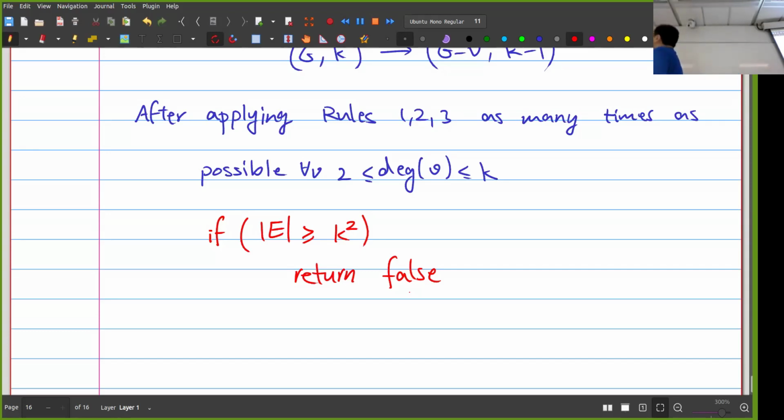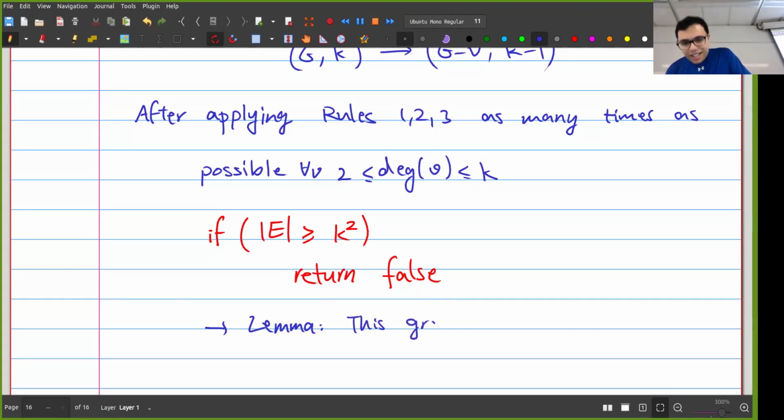If the graph has k squared edges and the degree of every vertex is at least 2, I'll let you solve that. You can have up to 2k squared vertices. I want you to prove this lemma yourself because we ran out of time. The lemma is that this graph has O(k squared) vertices.